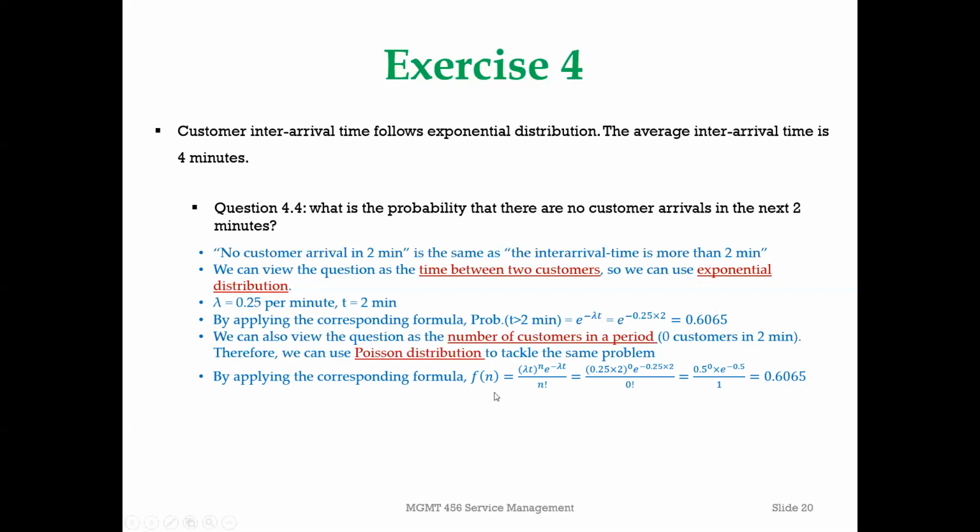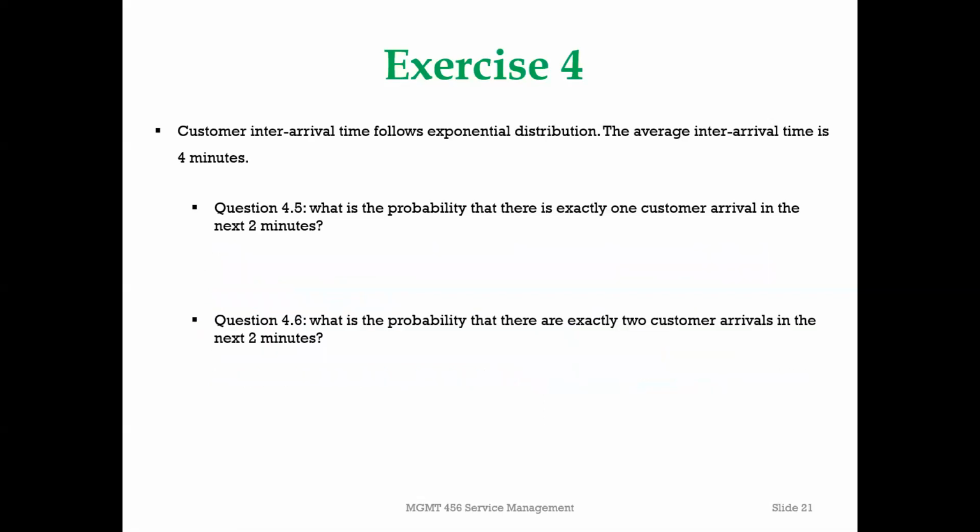First, n, the number of customers, which is 0. Then we also need lambda and t. Lambda is 0.25, t is 2 minutes. We plug in all the values, do the calculation, and get 0.6065. You can see these 2 numbers are consistent. They have to be, because the solution should be the same regardless of how you approach the question.